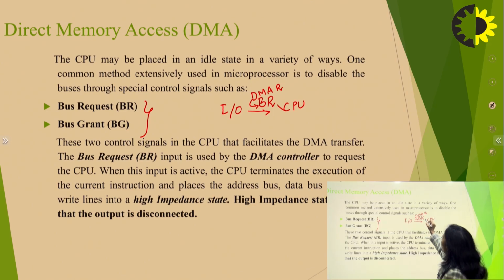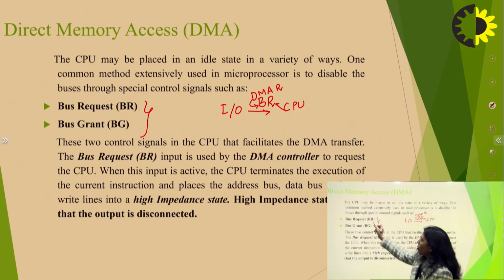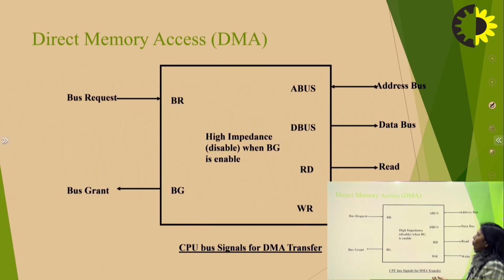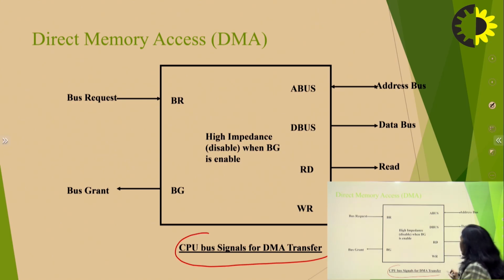Only when the CPU grants the permission to the DMA controller can the input-output device use the DMA controller to provide the data. For this, we need two signals, bus request and bus grant. This is the way the CPU bus signals act for the DMA transfer.